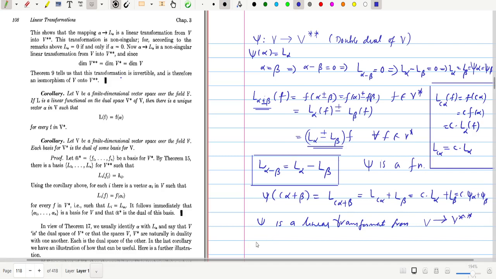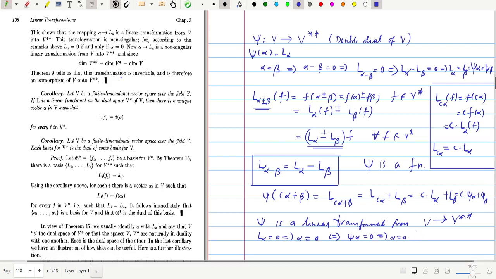But L_α equal to 0 implies α equal to 0, using the previous identity. So this is equivalent to ψ(α) equal to 0 implies α equal to 0. What is the meaning of this? ψ is a 1-to-1 map.